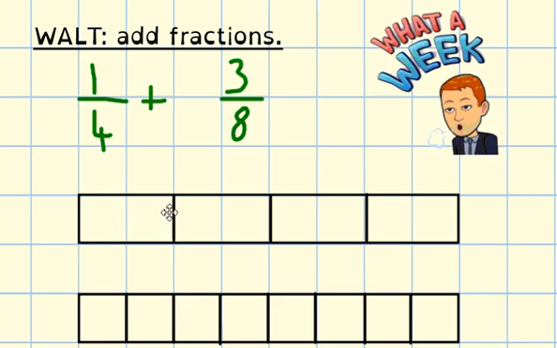So I know that every 2 squares, I was going to separate it with a line, which gave me 4 equal sections, 2 bars of equal length, broken up into equal sections, quarters and eighths. So representing 1/4, nice and straightforward. I just said that 2 of the squares represent 1/4, so that is that.